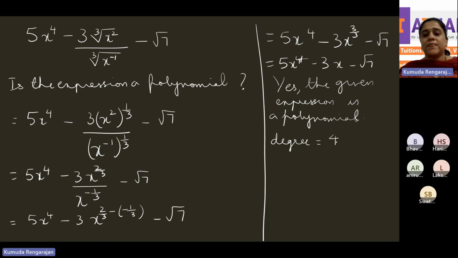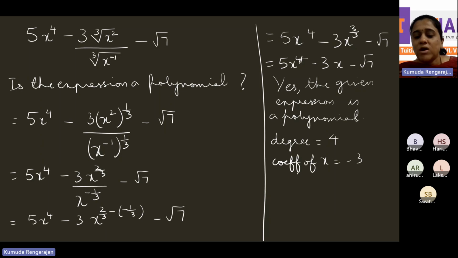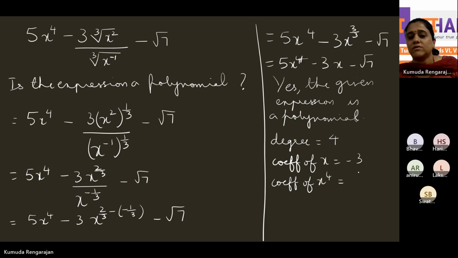What is the coefficient of x? Coefficient of x is -3. What is the coefficient of x to the power 4? 5. What is the coefficient of x squared? 0.